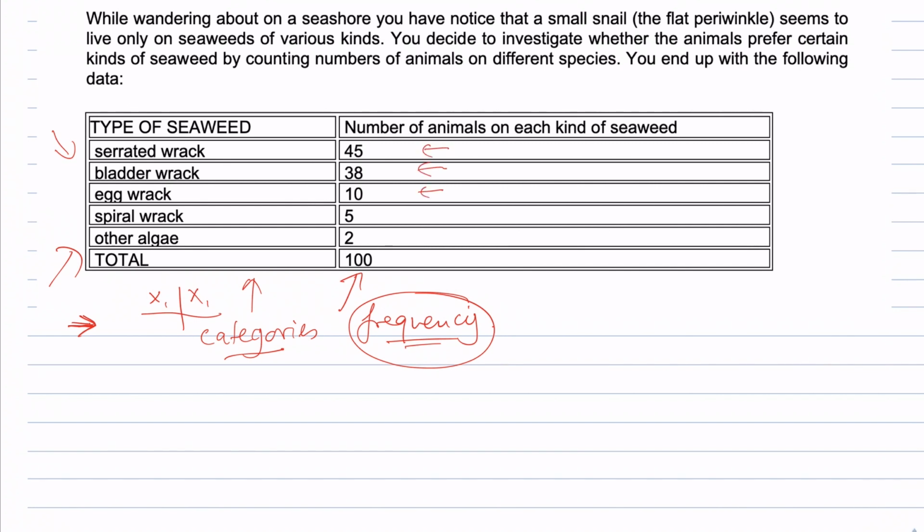But if they do prefer a certain type of seaweed, then we would expect the numbers to be different. That's the other thing that tells you this is an observed versus expected situation, and therefore that's how we're going to approach it with a chi-squared test.